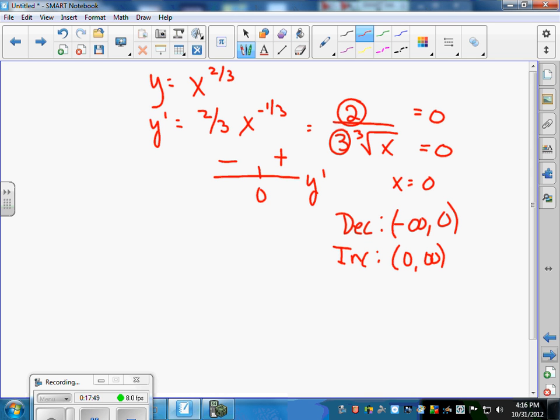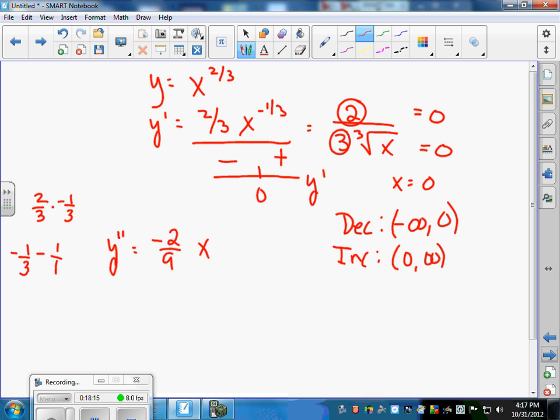Then I'm going to look at my second derivative. So y double prime, going back to this form, would be negative 2/9, because I take 2/3 times negative 1/3, multiply tops, multiply bottoms, and x to the, now I need to subtract 1. So I have negative 1/3 minus 1.